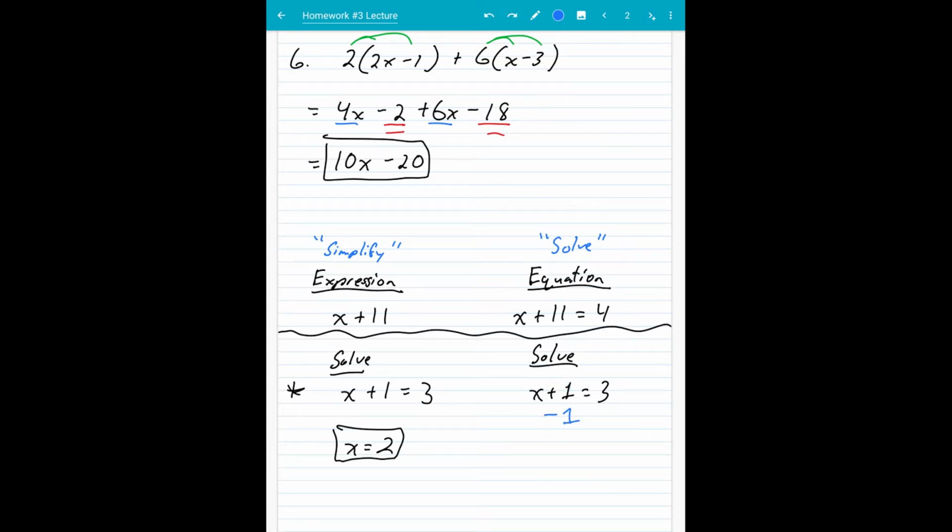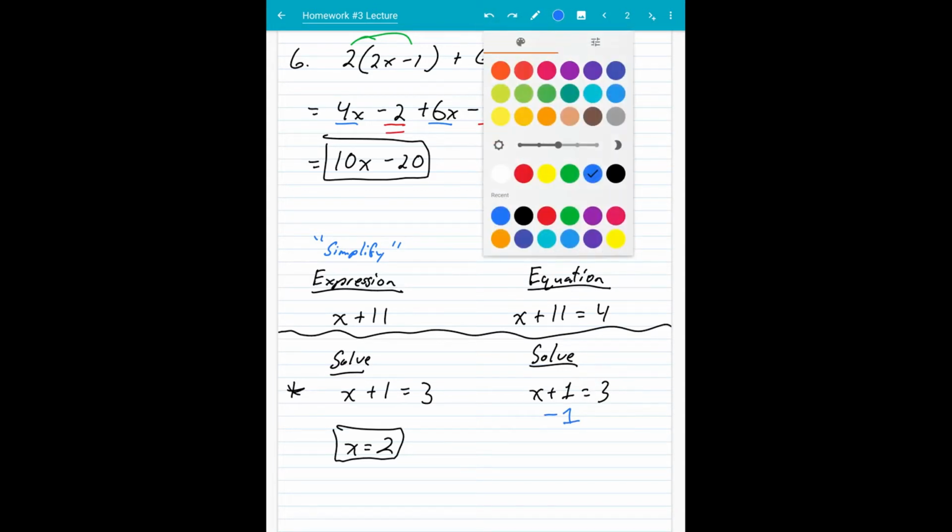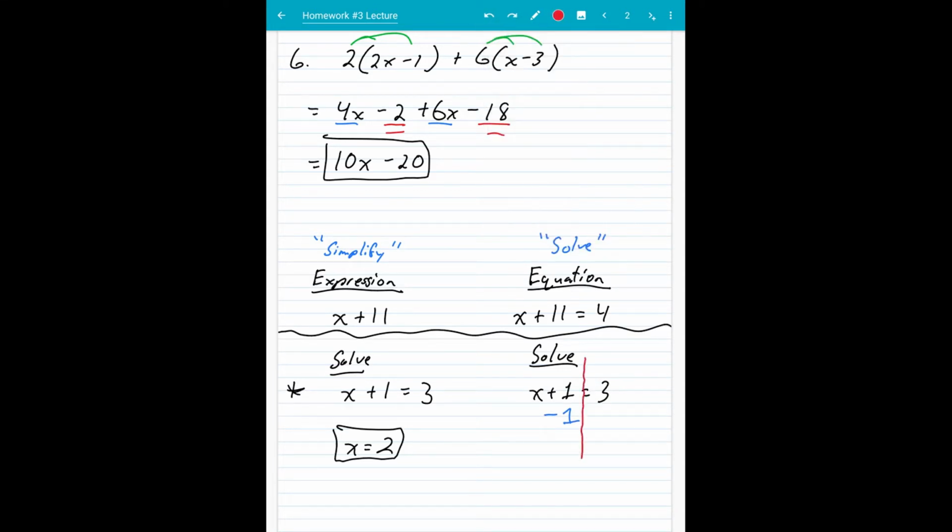Now the rule for equations in order to keep them balanced is what you do on one side of the equation, you have to do to the other side. So you can think of it as some line of equality. What I do on one side, I have to do on the other side. I have to subtract 1 on both sides.